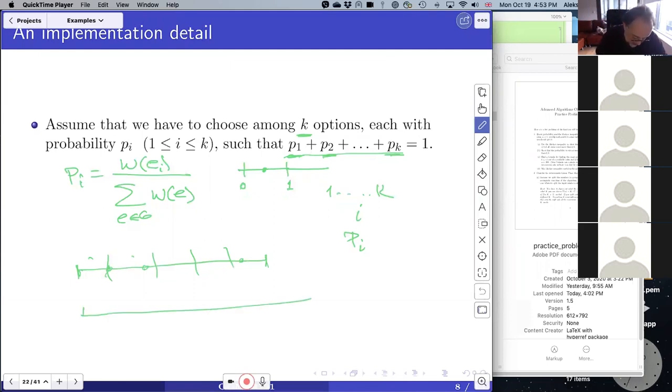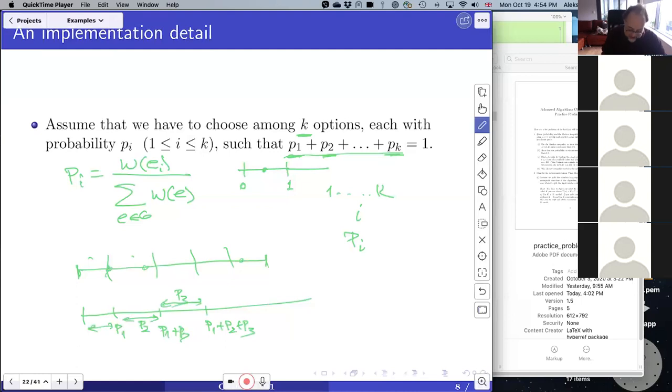So this is how we do it. The first division point is such that this length is p_1. The next one will be at the point p_1 plus p_2, because this will make sure that this interval is equal to p_2. The next one will be at p_1 plus p_2 plus p_3, because this will ensure that this is equal to p_3.